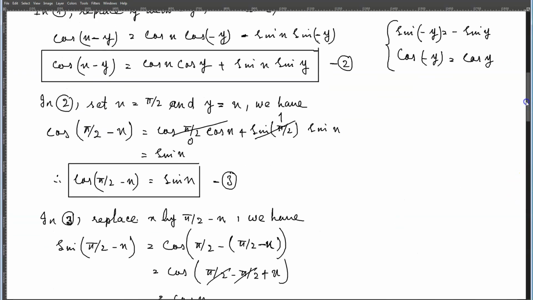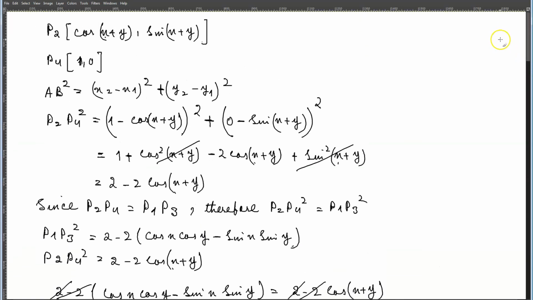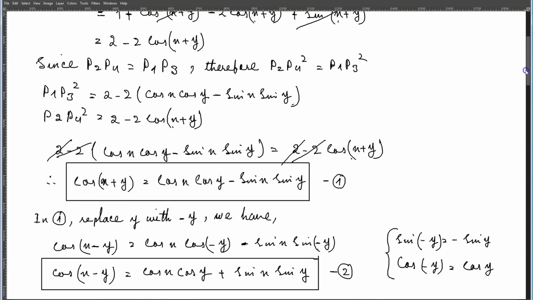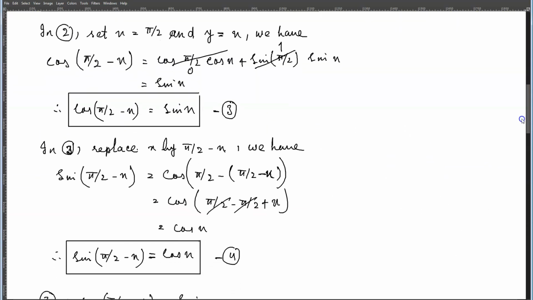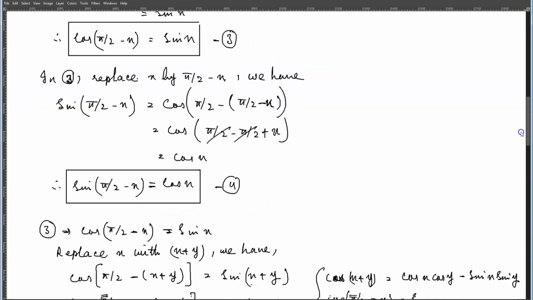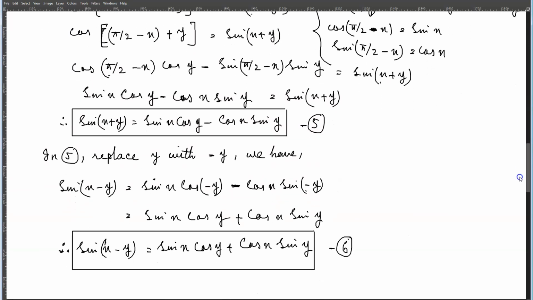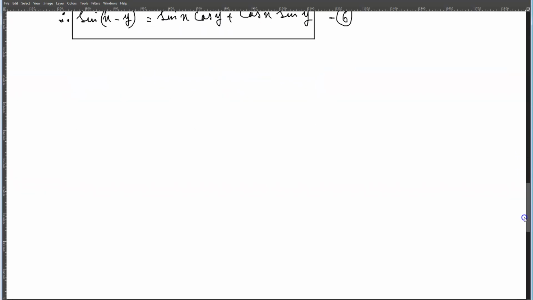We will write up a summary. So I think the previous formulas I already remember. Now this is cos of x plus y, cos of pi by 2 minus x, and so on and so forth. Okay, so I already remember all of them.